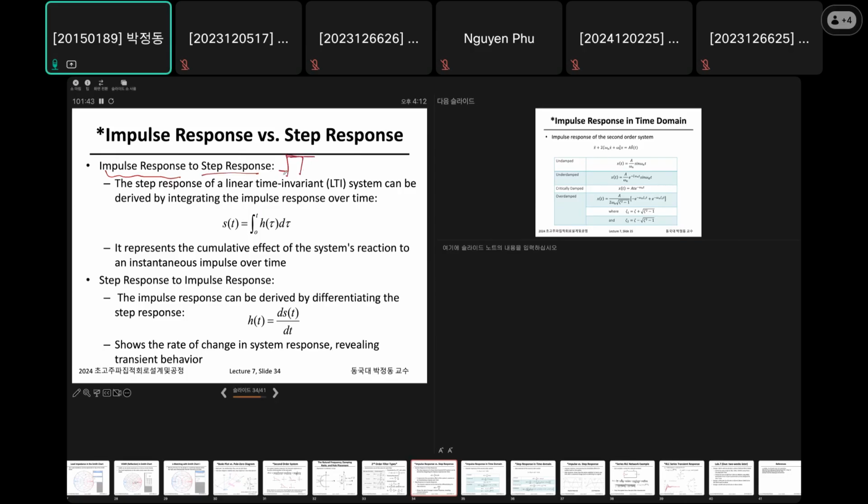So the resulting step response is actually the integration of the impulse response, like this. Reversely, if you know the step response, you just take a derivative with respect to time, then you can get the impulse response.